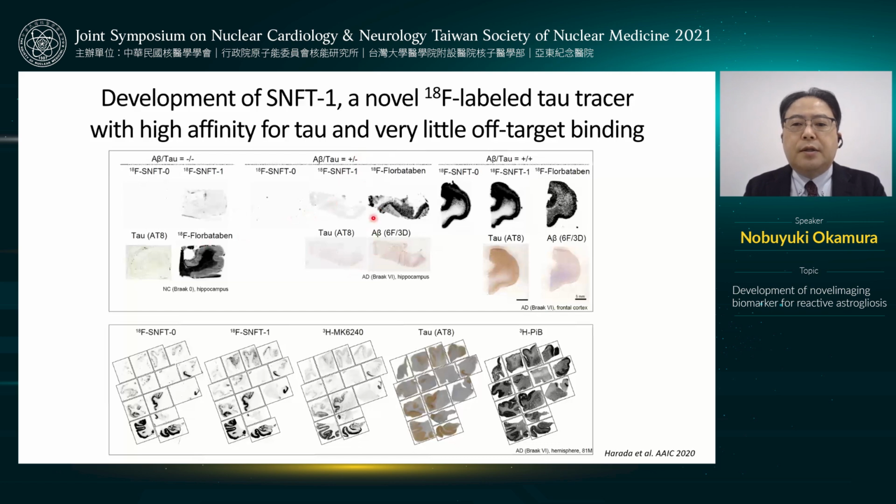In contrast, strong tracer signals were detected in A plus, T plus AD brain sections. And this tracer can clearly visualize the spatial distribution of PHF tau in AD hemibrain sections and showed very little off-target binding in the basal ganglia.